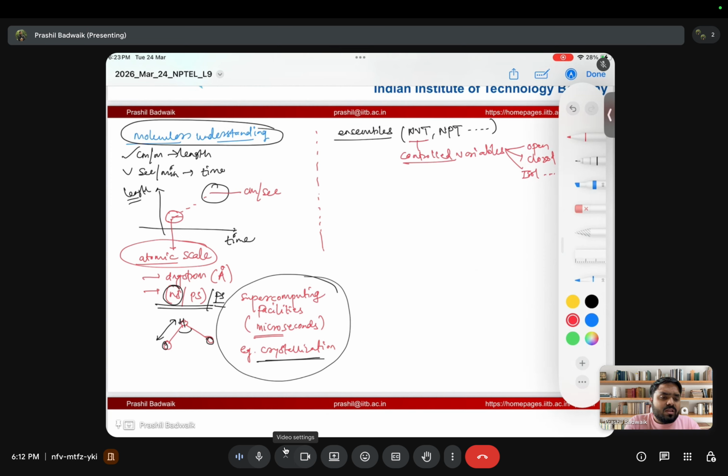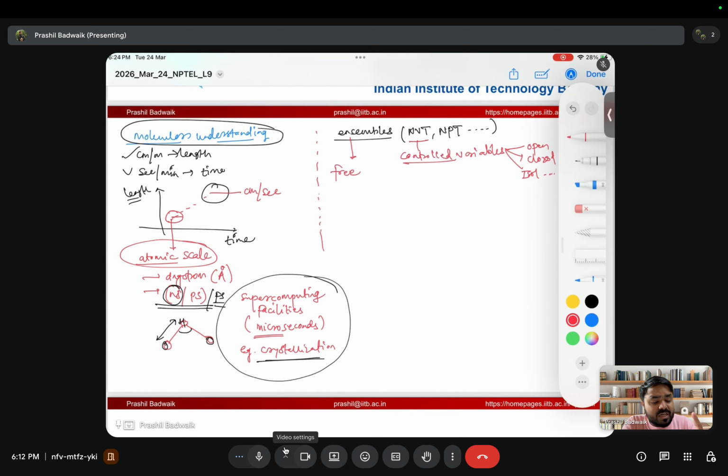We can study all these things using molecular simulations, right? We have defined ensembles, and for a particular ensemble, if something has to happen, there is something called free energy, which will tell whether the process is spontaneous, will it happen or not. So we define a free energy for each ensemble.